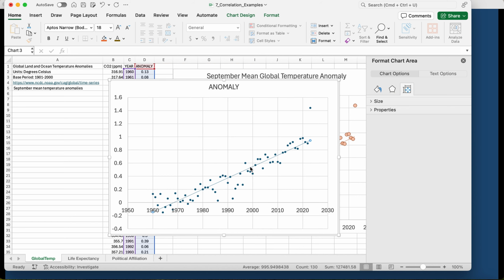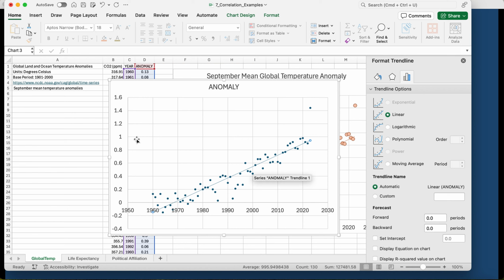So if I click back on the line there, if I am starting here at 1950 and I do set intercept to 0, that means it's going to make this line, which on your screen looks probably just like a horizontal line, a very low slope, because it has to extend back so that when the x-axis goes to 0, this line crosses at 0, 0, which would be way, way back to the left. We don't want that option, so we're going to take that away.